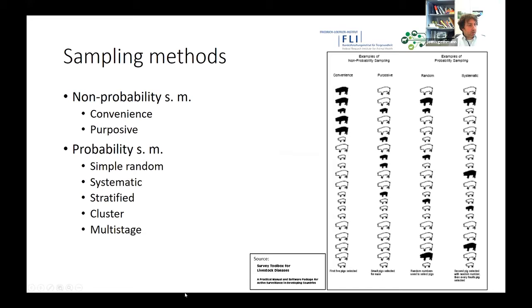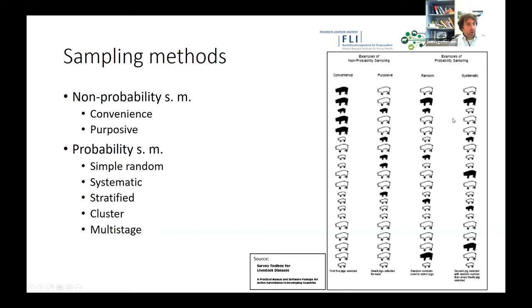Here, this is from the survey toolbox for livestock diseases, some nice examples. Convenience sampling means I take the first 5 pigs I can get, and purposive sampling, I test only young pigs, or piglets here.